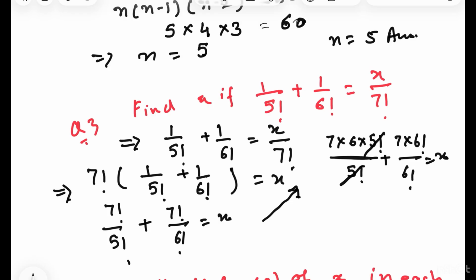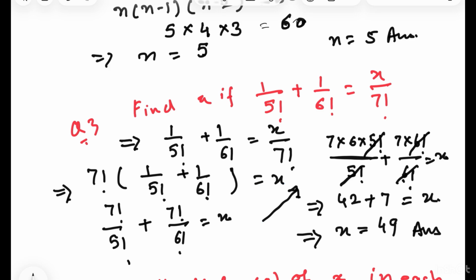So this is cancelled, this is cancelled. This implies 42 plus 7 is equal to x. So this implies x is equal to 49 answer, right?